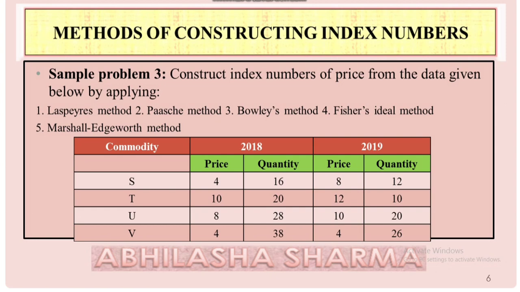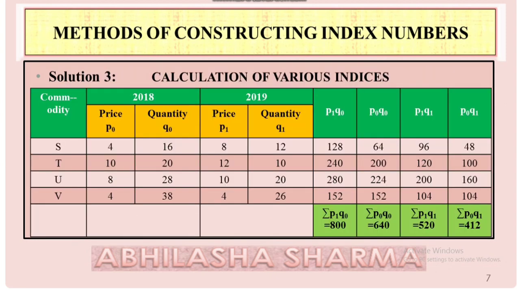Let's take an illustration to understand all 5 methods discussed, where 4 commodities S, T, U and V are given, and prices and quantities of each commodity for the years 2018 and 2019 are given. For solving the sample problem, we need to calculate P1Q0, P0Q0, P1Q1 and P0Q1, where price of current year 2019 is denoted by P1 and price of base year 2018 is denoted by P0.